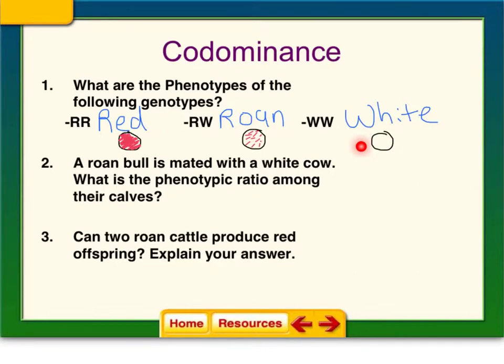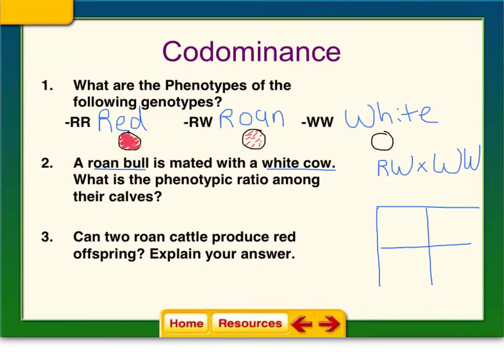If we take a look at problem number 2, we can see that a roan bull is mated with a white cow. Okay, so again, the roan bull, big R, big W, white cow, big W, big W. If you're doing this at home, hit pause and finish your Punnett square. Okay, so the roan parents go on the side here, white parents go on the side here.